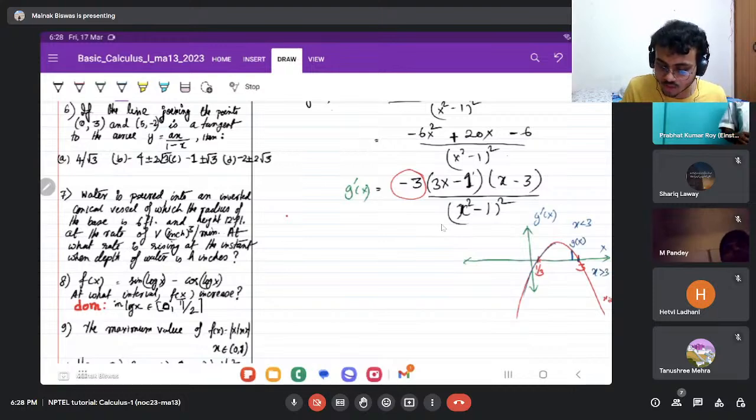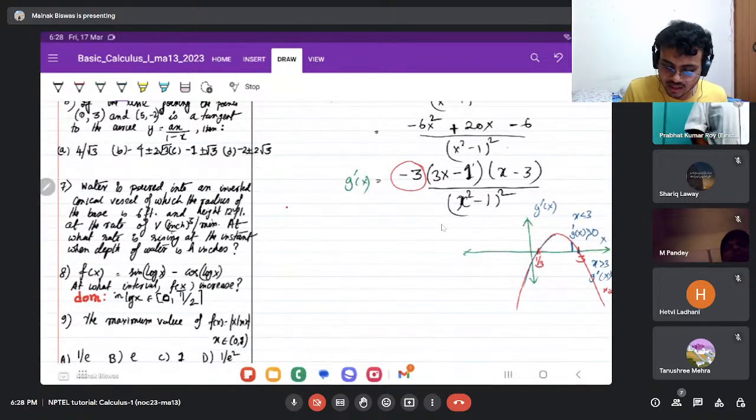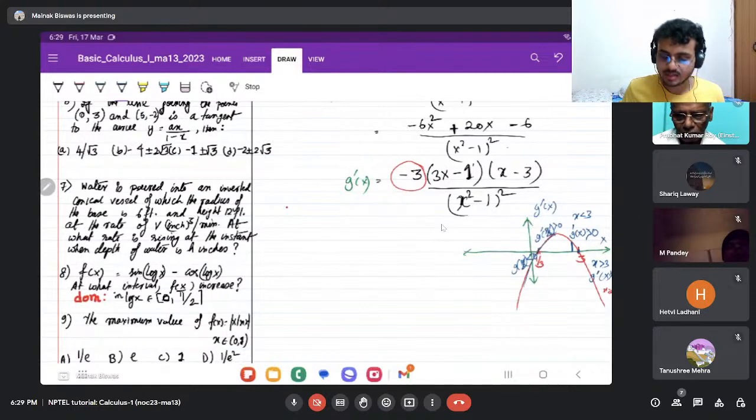So g dash of x is greater than 0, right? Here g dash of x is less than 0. What does it mean? And similarly around 1 by 3, g dash of x is greater than 0 on one side and less than 0 on the other, right? So what does it mean?